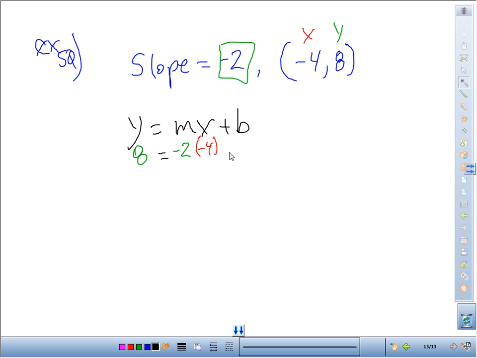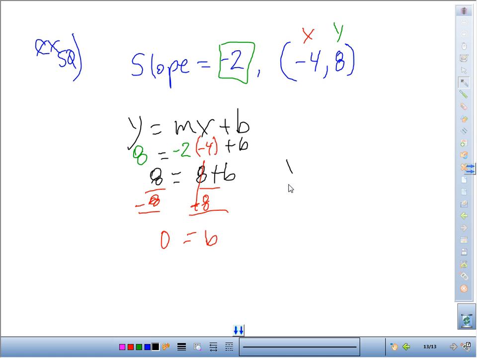We got plus b. What is negative 2 times negative 4? Positive 8. Bring down the b equals 8. To solve for b, we subtract 8. Subtract 8. We're left with b equals 0.